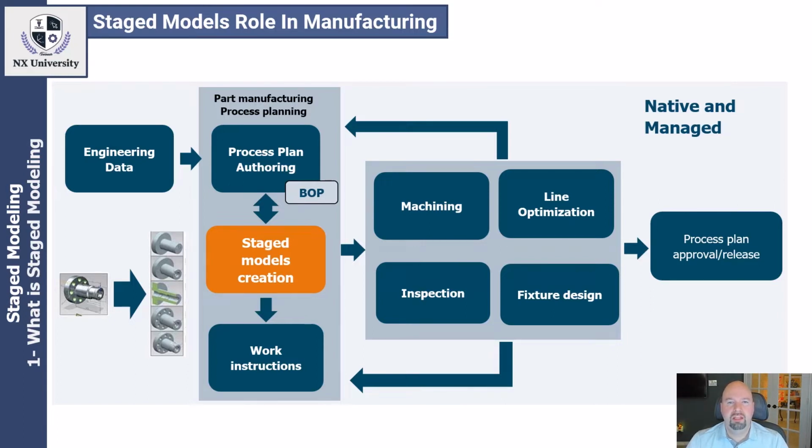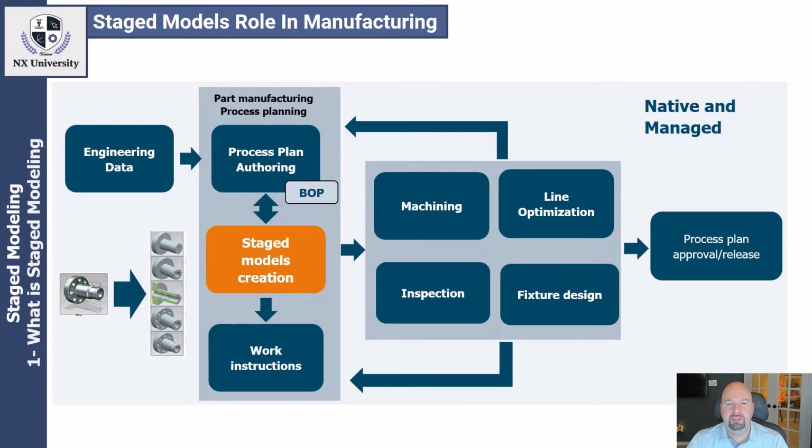Where stage modeling lives inside of the manufacturing process here, you can see the designer is working on the stage models. Those are created, and then those can be sent back to process planning authoring, or they can be sent on to machining, inspection, line optimization, or fixture design processes.